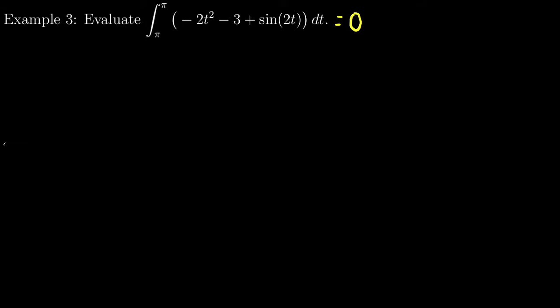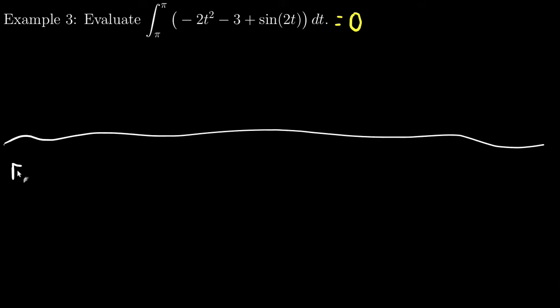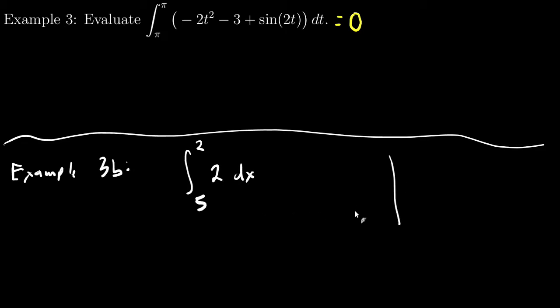And I'll toss in a little example here, example 3b. I want to evaluate the integral from, let's make it easy, 5 to 2 of 2 dx. This is a horizontal line, so let me graph that.